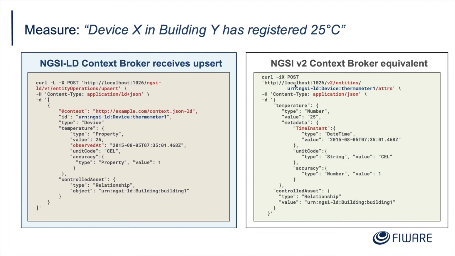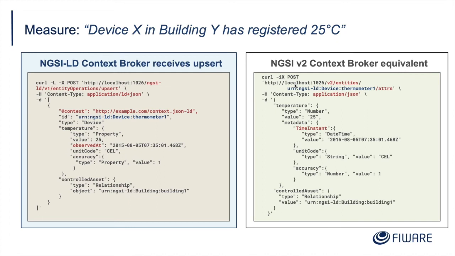And you can see the difference is mainly in the header and the at context line. It is no longer application/json, it's application/ld+json, which is the standard for JSON-LD. It is no longer the v2 endpoint, it's the ngsi-ld v1 endpoint, but they're both doing basically an upsert operation.